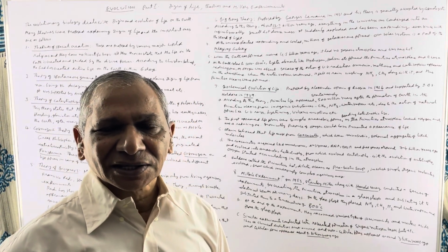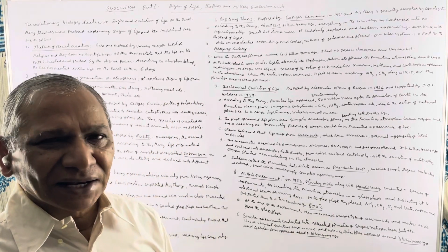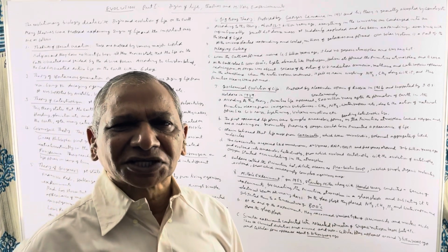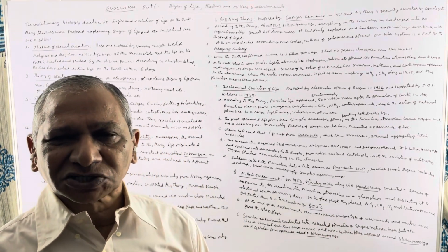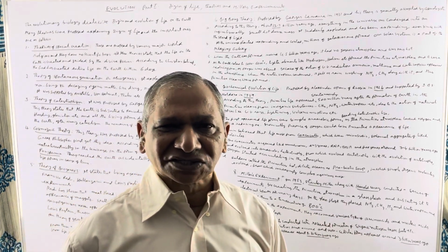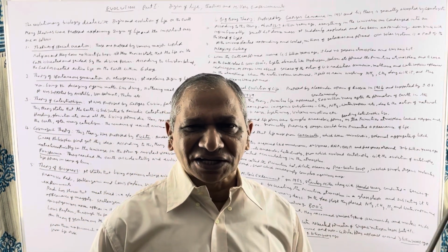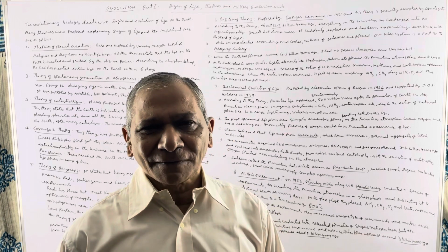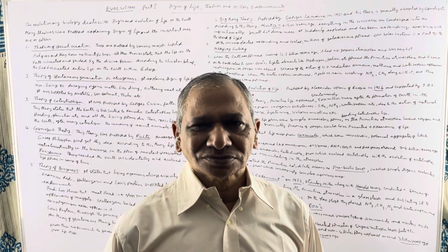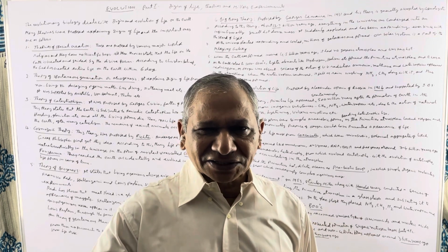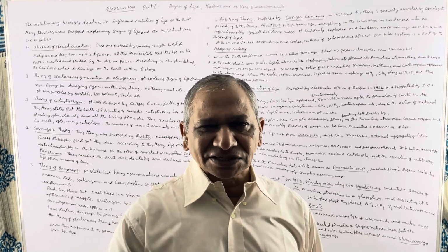In this year, Miller conducted a very simple experiment. He created a primitive atmosphere in a glass flask. In a glass flask, what he did, he placed ammonia, methane, carbon dioxide, water. And he connected one pump to circulate the gases.